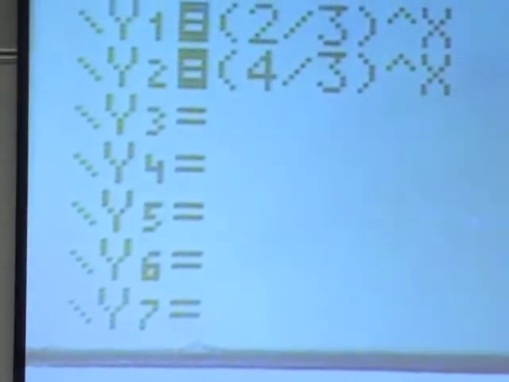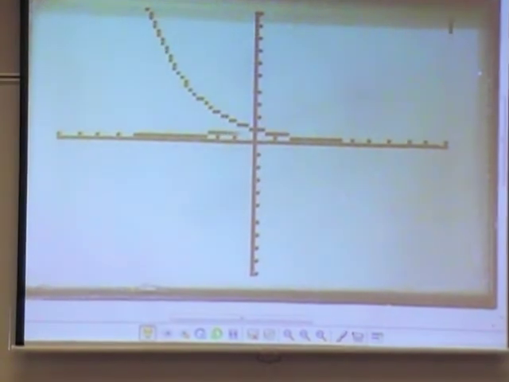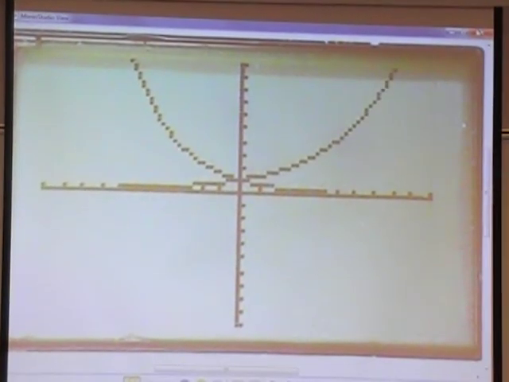Increasing. There's 2/3 to the x, and there is 4/3 to the x. What's the difference? Yes, one is decreasing and one is increasing. Very good. Look at the actual equation and tell me what the difference is if you can.